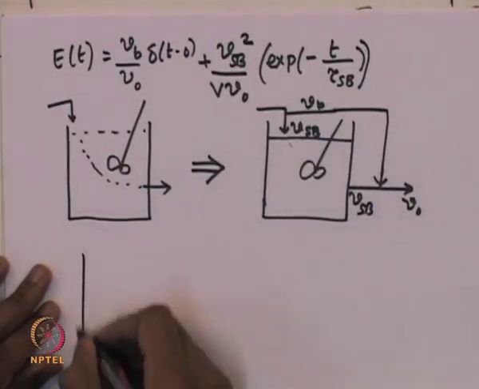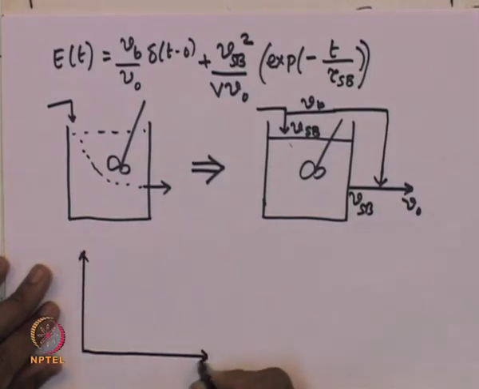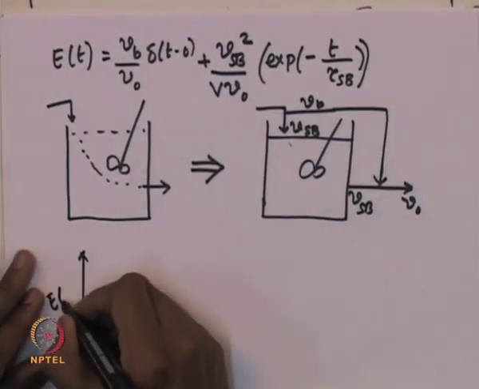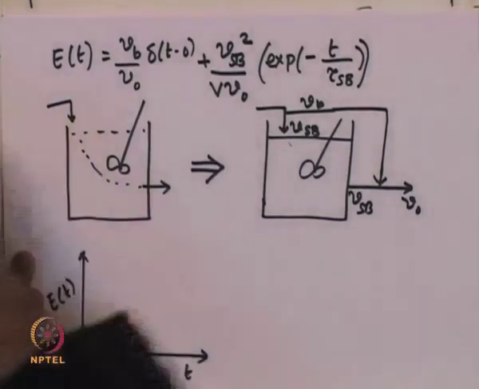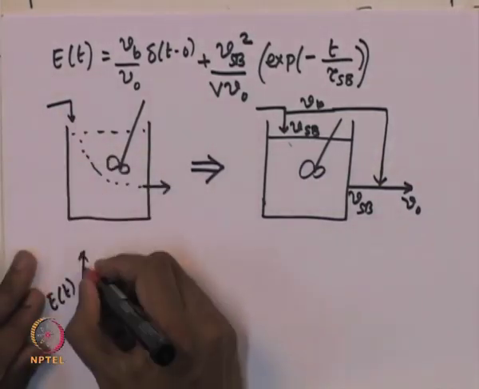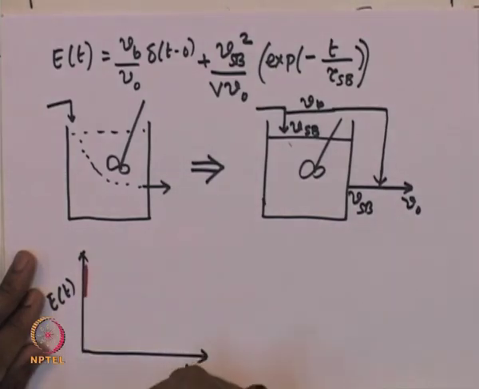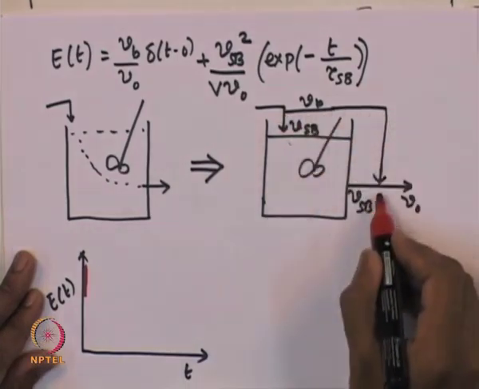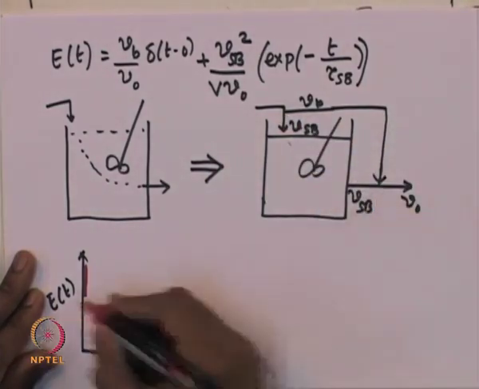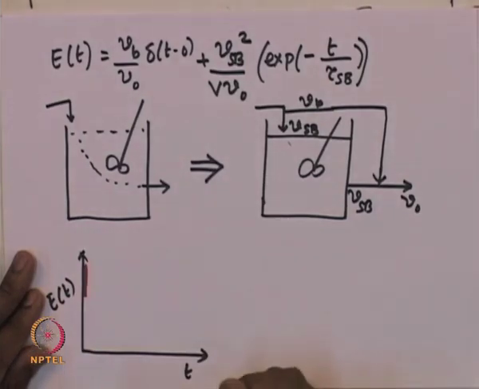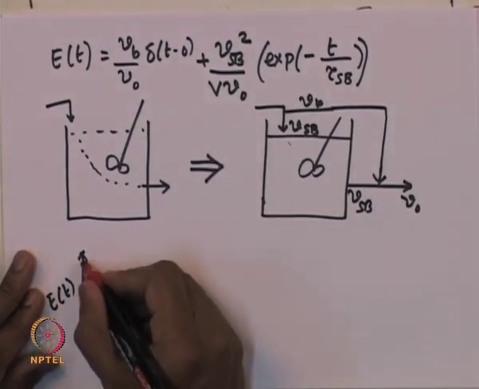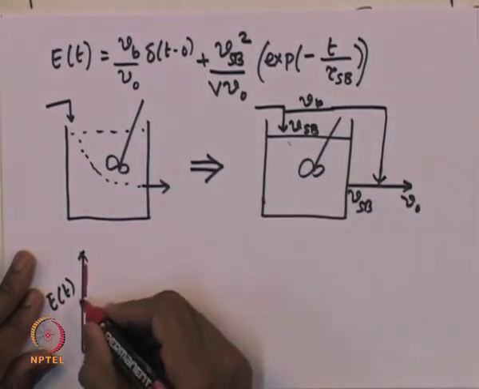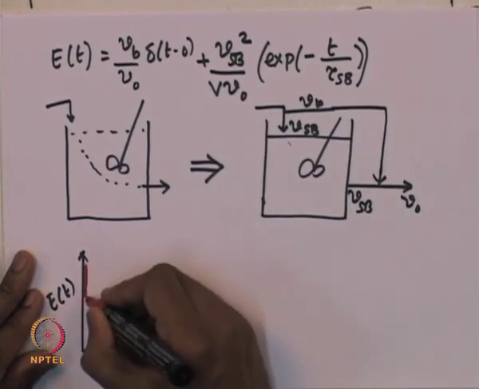So, now if I attempt to sketch the E curve, right at t equal to 0, there is going to be a fall in the E curve. This is because some fraction actually gets bypassed and directly joins the effluent stream, and therefore there is going to be a sharp fall in the E curve, that is the fraction that is actually leaving, after which there is going to be an exponential fall in the E curve.